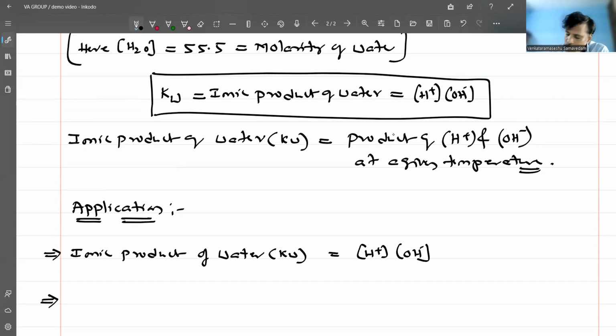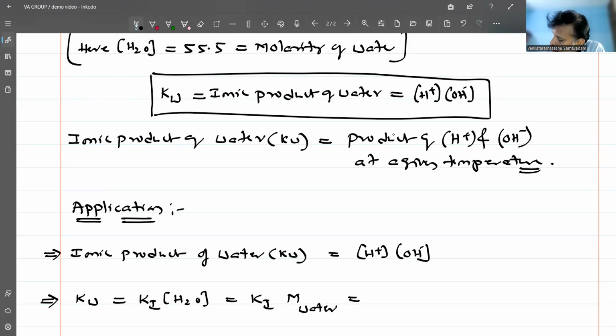With respect to the dissociation constant, I can write Kw equals Ki times the concentration of H2O, that is Ki times the molarity of water, Ki into 55.5, which equals the product of the H plus and OH minus ion concentrations.